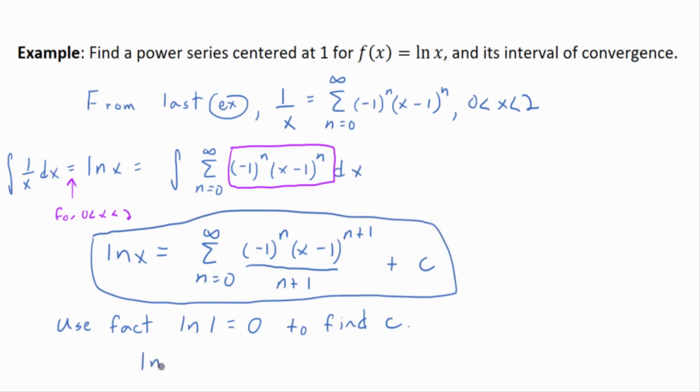So if I go natural log of 1, then everybody look up. If I'm taking the natural log of 1, what am I plugging in for x? 1 right there. What happens to every single term in this power series if I plug in 1 right there? Even the first term, every single term will go to 0.